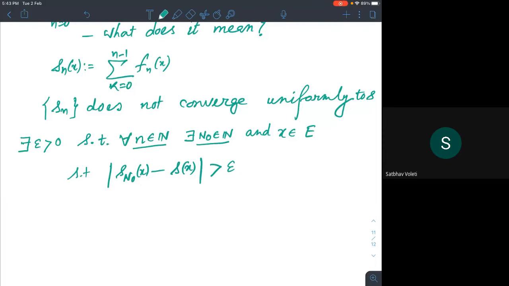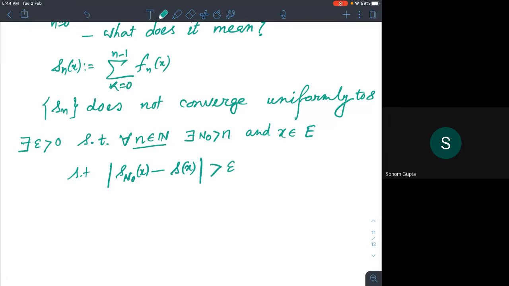No. This is just the formal negation of the statement. I think for not converging uniformly, we should say that for all epsilon, there exists an x such that. Generally what we have in the convergence is that for all epsilon greater than 0, there exists an n naught belonging to the natural numbers, such that for all small n greater than n naught, the difference is less than epsilon.